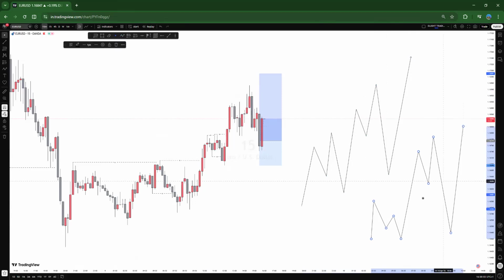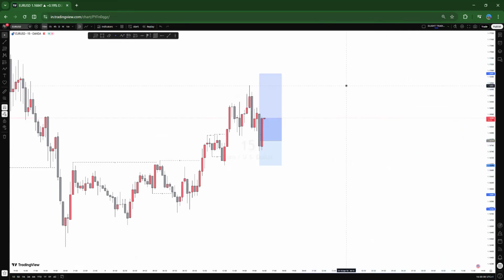Now, this is what I'm telling you I'm looking for. All I did was, when I got here, observe the current move on the 15 minutes time frame. As you can see, I saw price making a low, a lower high, higher low, higher high, a higher low, higher high, higher low.